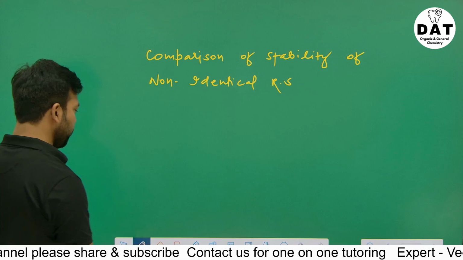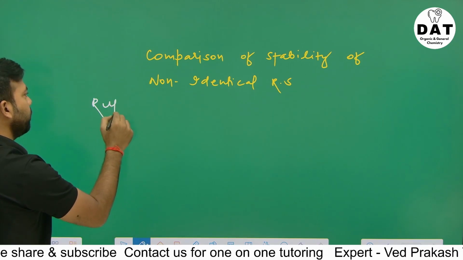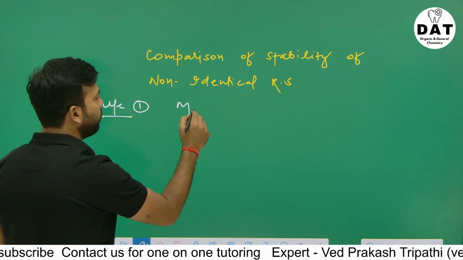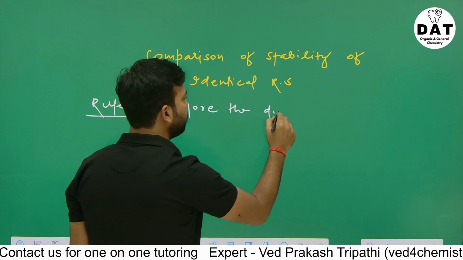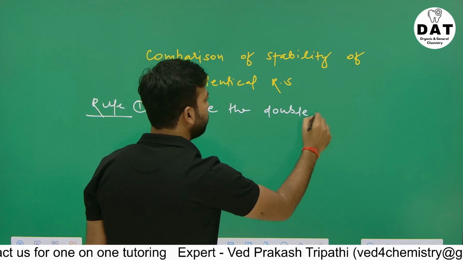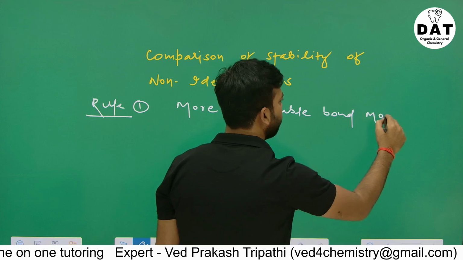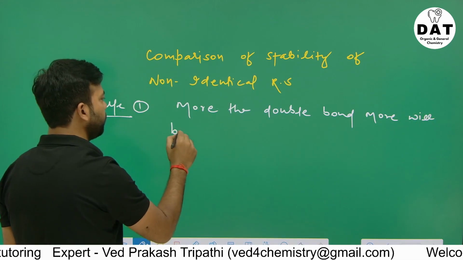Let's discuss one by one, and we have to apply each rule one by one. So what is rule 1? Rule 1 is the more the double bonds, the more will be the stability.